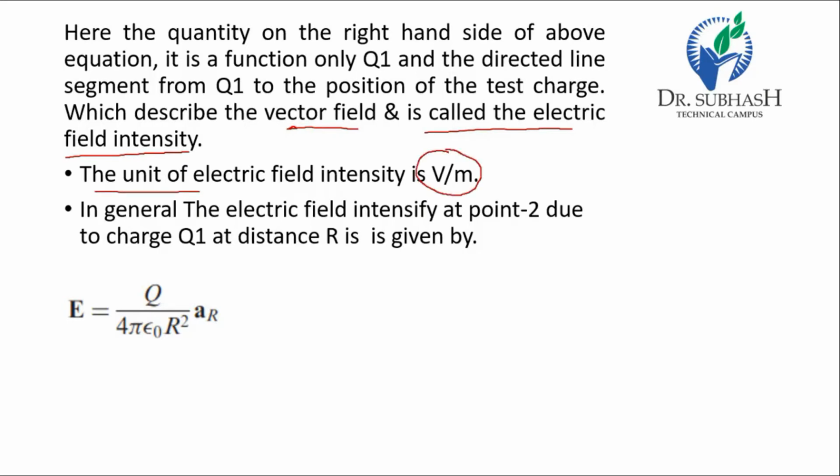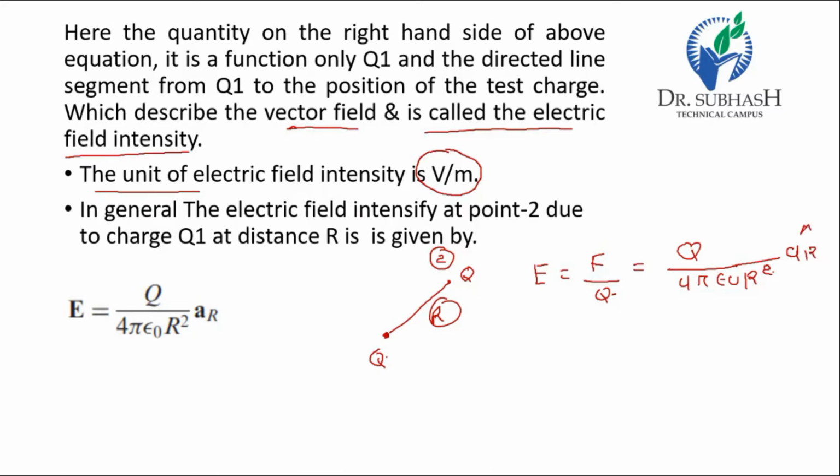In general, the electric field intensity at point 2 due to the charge Q1 at distance r: suppose we have one charge Q at the origin, and the test point is located at point 2, then as per the formula of electric field intensity, the force per unit test charge is given by Q upon 4 pi epsilon 0 r square into ar direction.